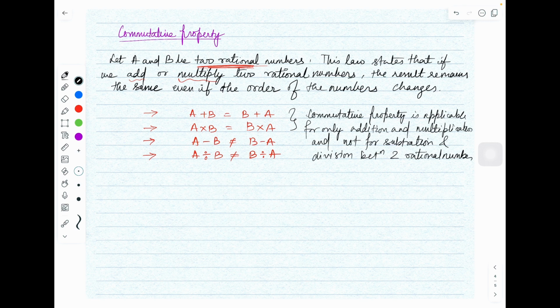So this property is only for addition and multiplication between two rational numbers. It is not for subtraction or division.